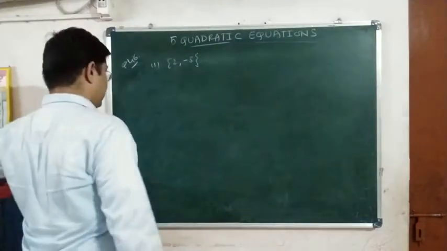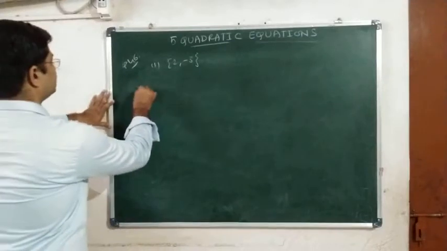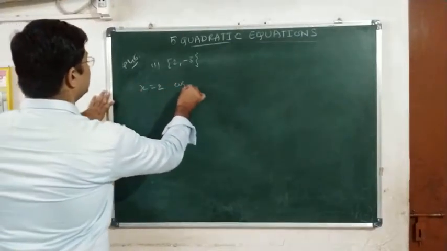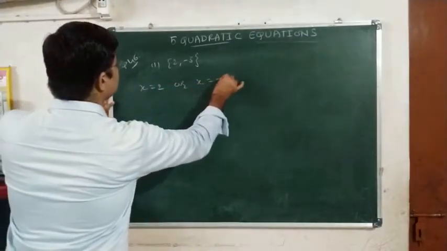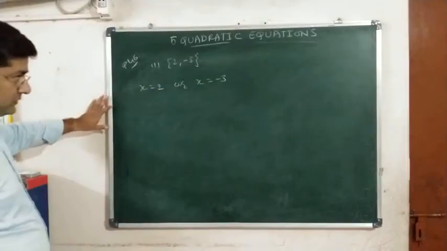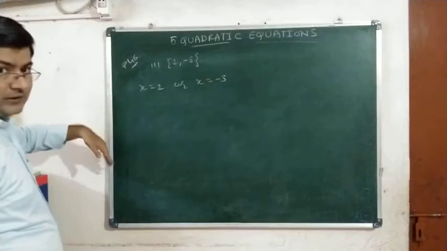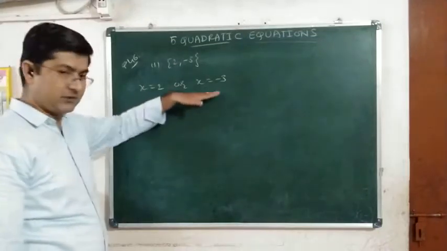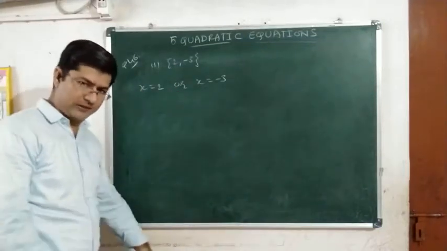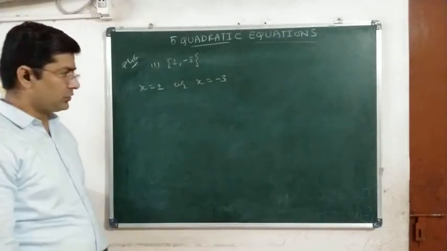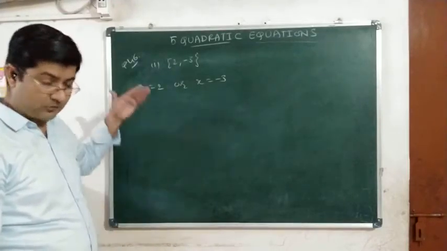Here actually you are given the two values of x. x is equal to 2 or x is equal to minus 3. Yes or no? The last step, reverse process we have to do over here. When you are solving any quadratic equation, this will be the last step, getting two values of x. Yes or no? So we have to now frame the quadratic equation.